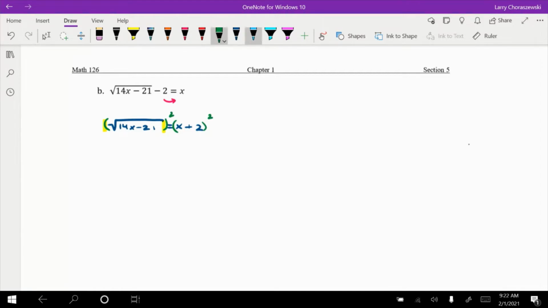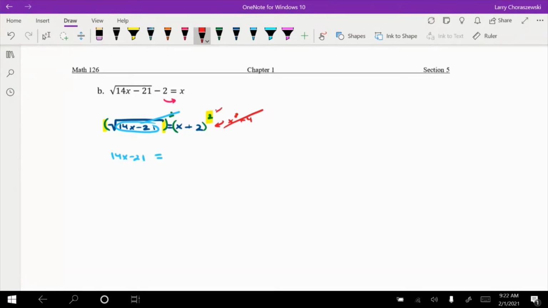All right, so we know what's going to happen on the left. The square root and power 2 cancel, leaving behind 14x minus 21 equals, now we got to be careful here. It's very tempting to think that this is x squared plus 4, but I'll tell you right now that that's not what that equals.